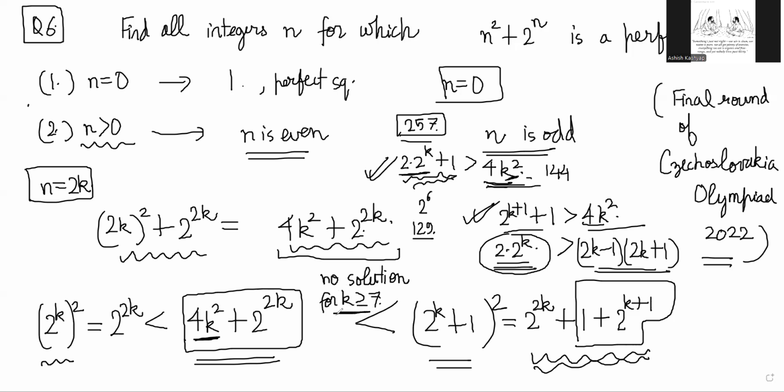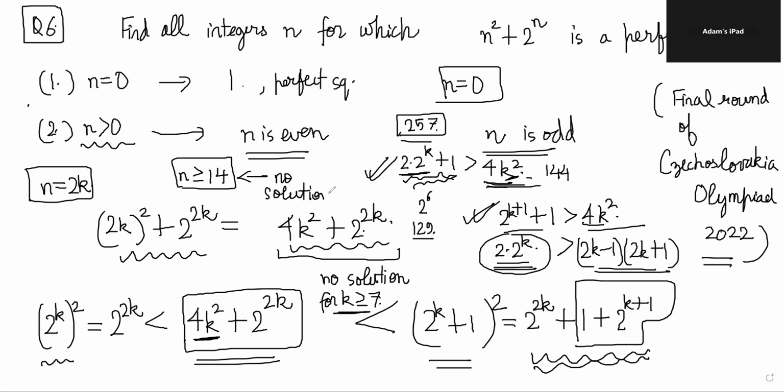So n greater than or equal to 14 has no solution, right? So the solutions for even numbers can only happen up to 12. For even numbers, you have to check 2, 4, 6, 8, 10, and 12, right?